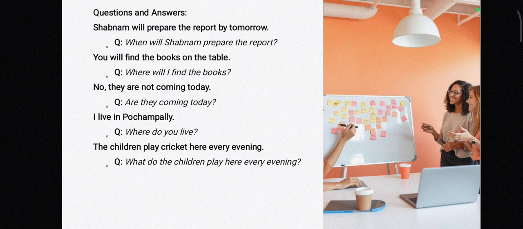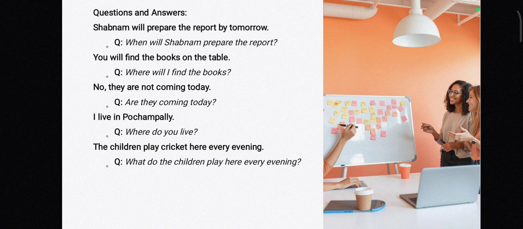Next one, you will find the books on the table. What will be the question? You need to take the auxiliary verb given there, which is will. In the sentence, verbs are will and find. Find is the main verb and the auxiliary verb is will. So how do you frame the question?